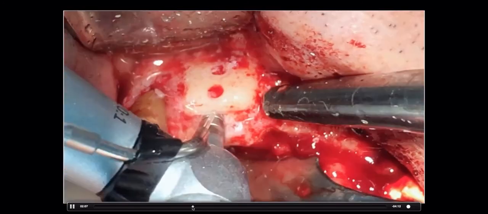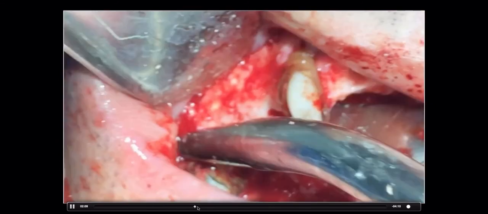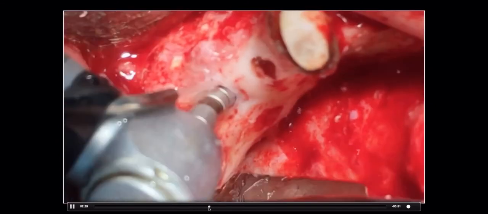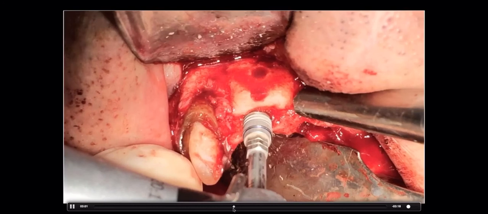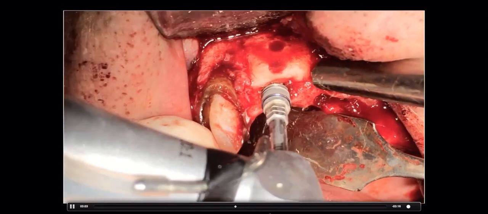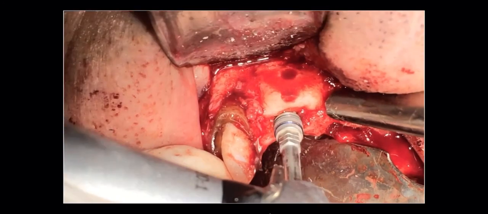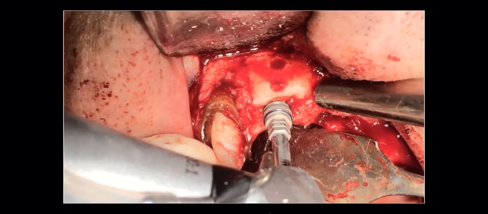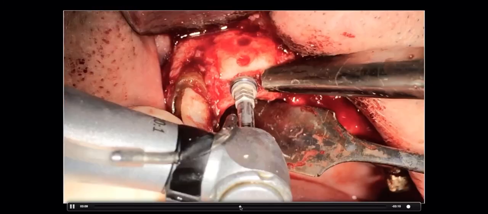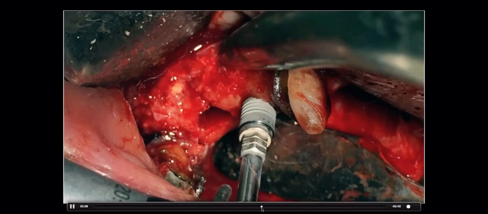We are continuing our preparations on all sides, and this is our implant that is placed. This is, I think, a 4mm width implant. So this is the first, and this is the second one.